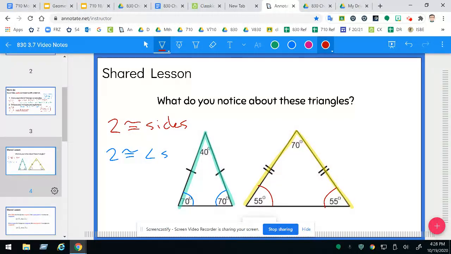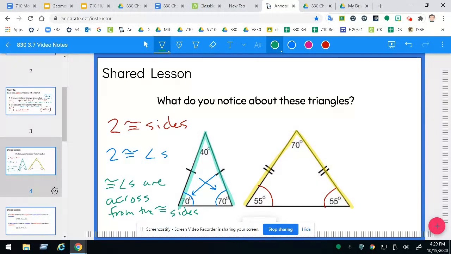Now I want to put an even finer point on this. Notice where the congruent angles are in relation to the congruent sides. In other words, looking at our first triangle, I'm noticing that the congruent angles are across from the congruent sides.